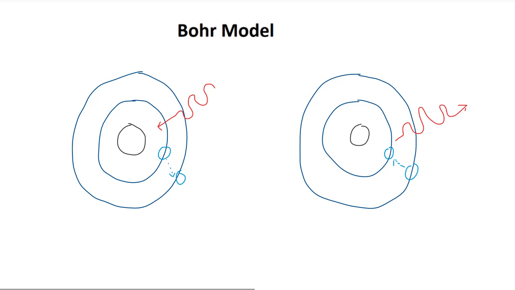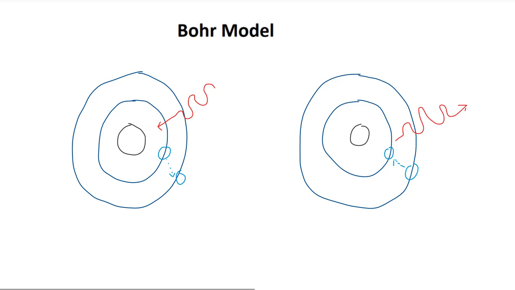Remember, however, the energy of a light wave is determined by its frequency, E is equal to hf. As the electrons exist in discrete orbits, if an electron is to jump from one orbit into another, the energy and therefore the frequency of that light wave must be a particular precise value.